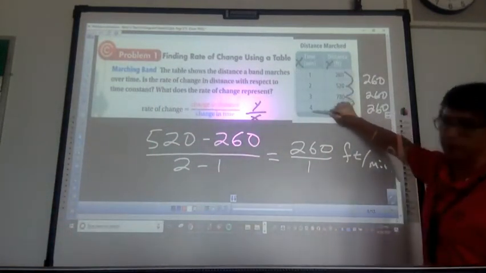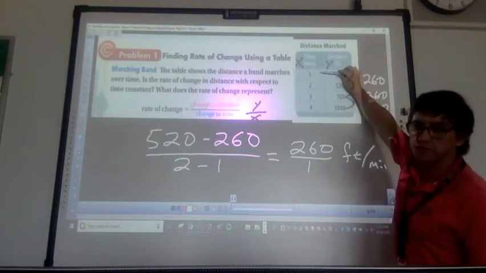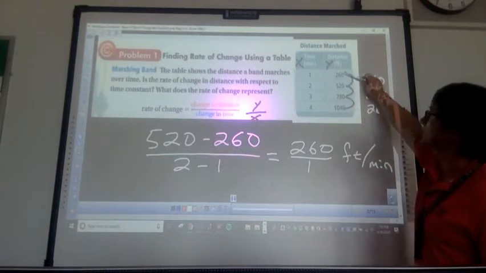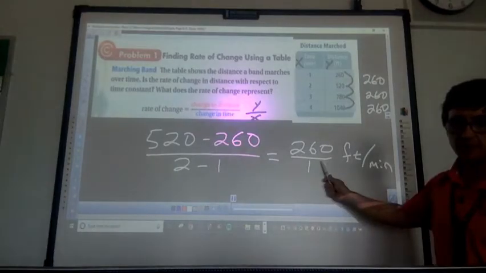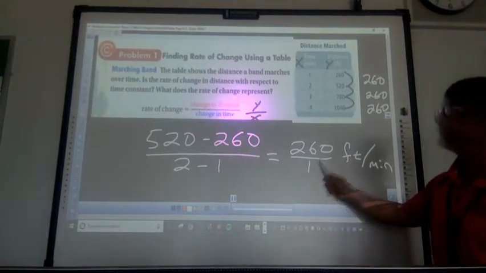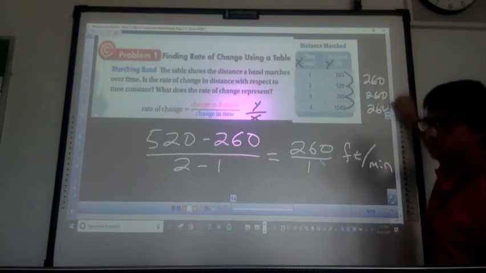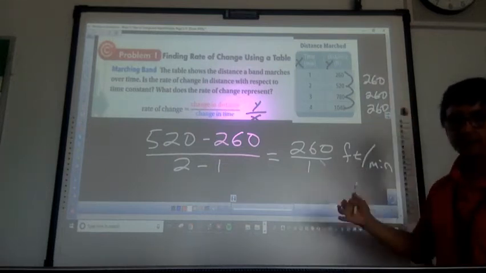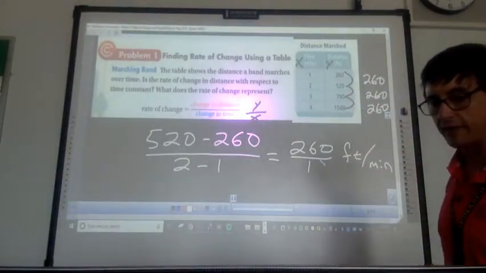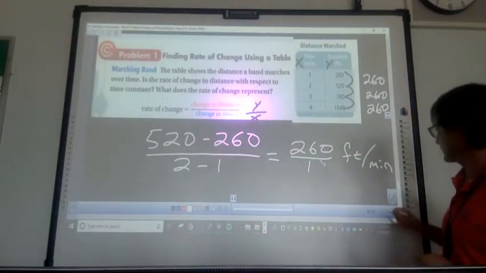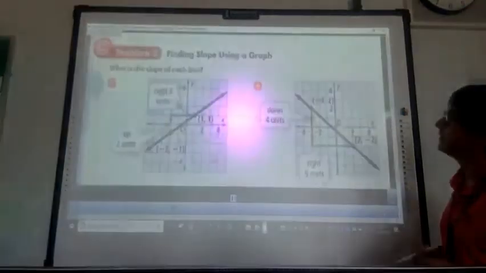Non-consecutive rows would be like doing the 4th row minus the 1st row: 1040 minus 260, over 4 minus 1. You're going to get the exact same slope every time. And again, we know that because the x's and y's go up by a constant amount. So if the x's and y's go up by a constant amount, it is linear. Okay, so that's the answer to that question.